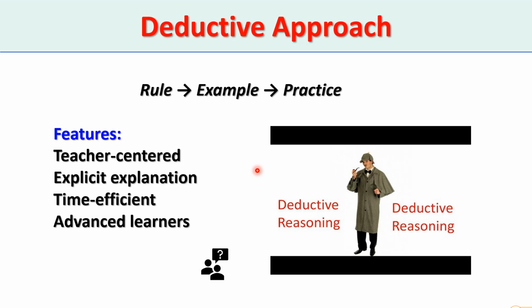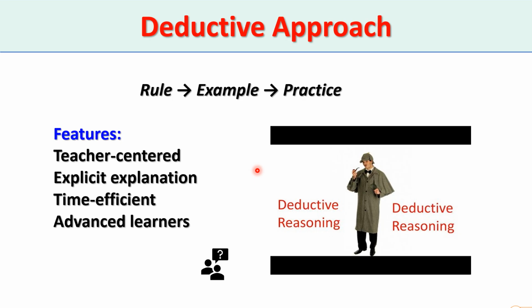So for the deductive approach, I will state 3 advantages. The first is clear explanation. Here I mean that students receive direct information about the grammar rule. This can be useful for learners who prefer structured learning.